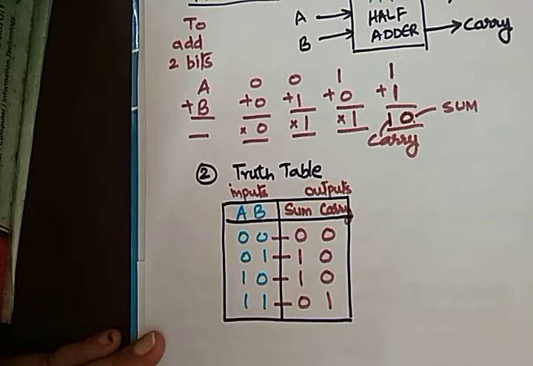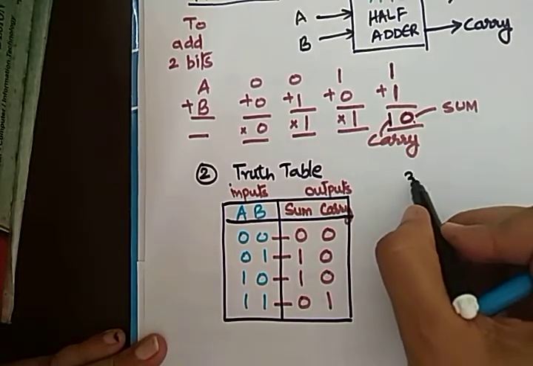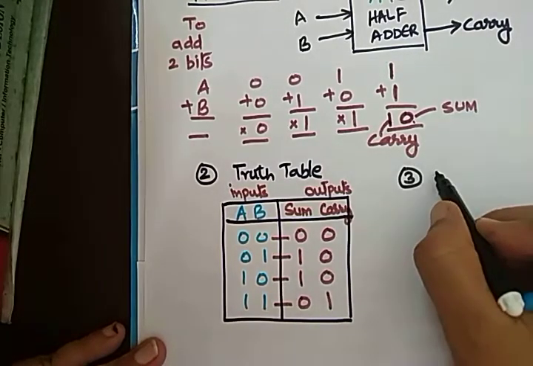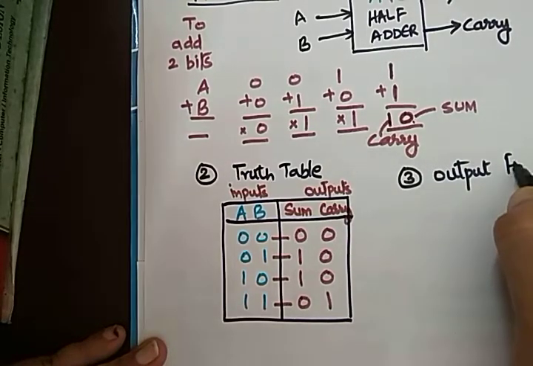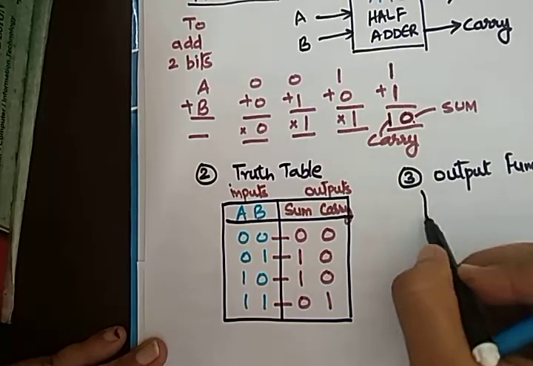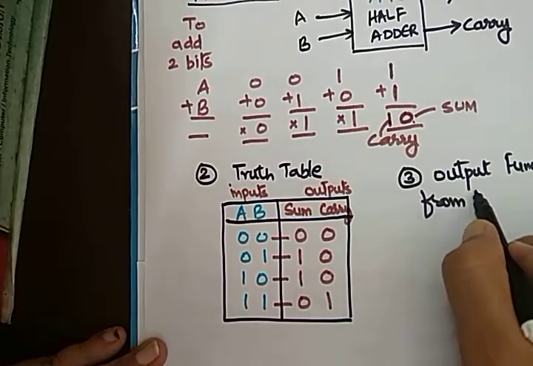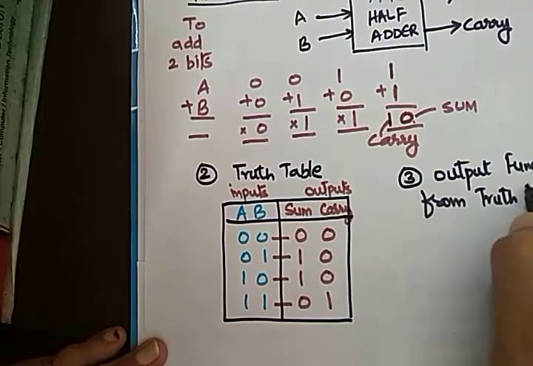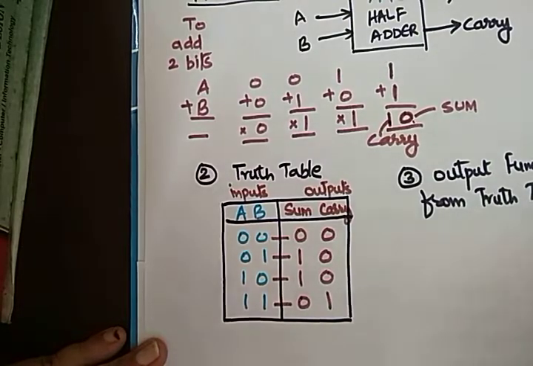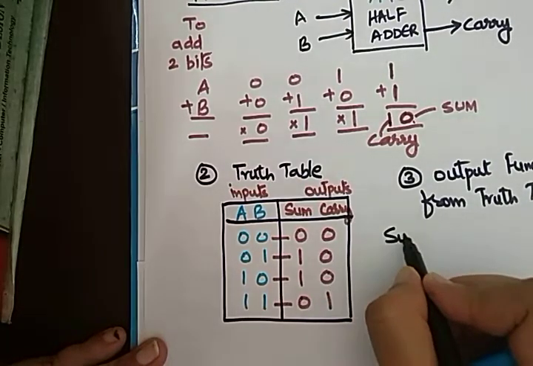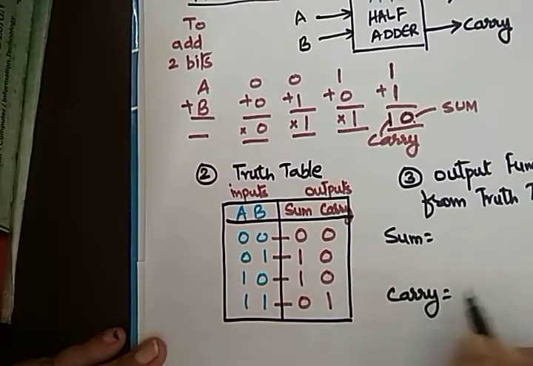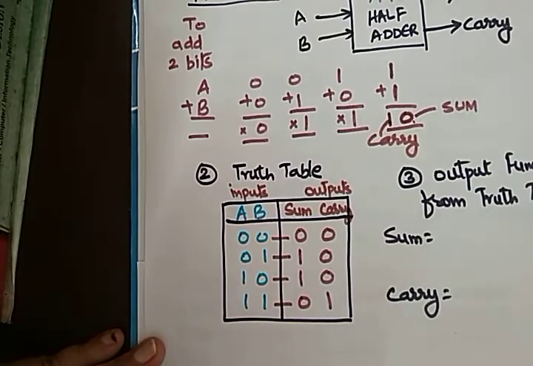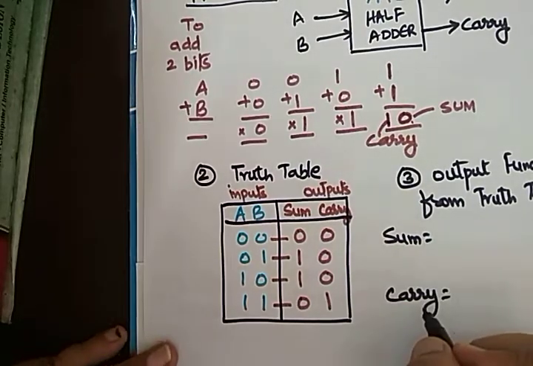Having filled the truth table, the third step is to write the output function from the truth table. There are two outputs, the sum and the carry. So we have to find what is the sum function and what is the carry function.